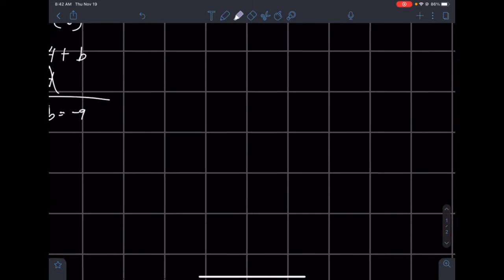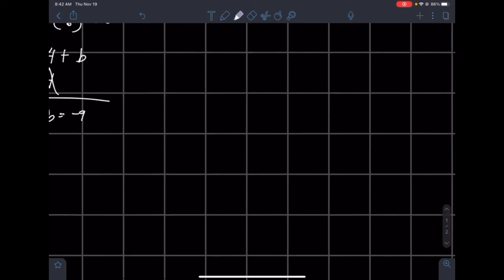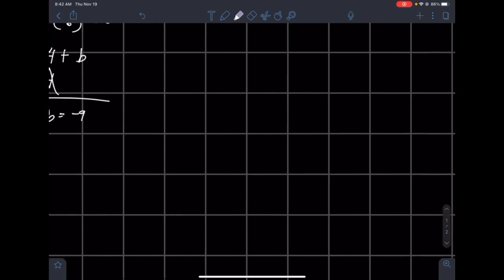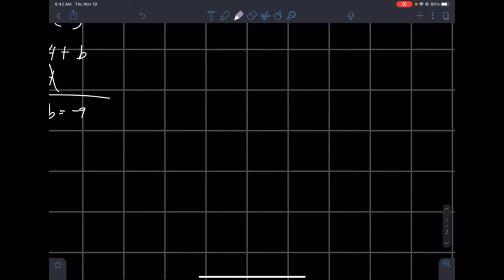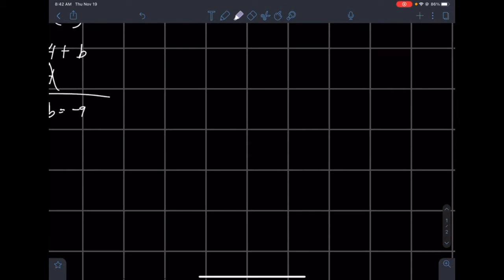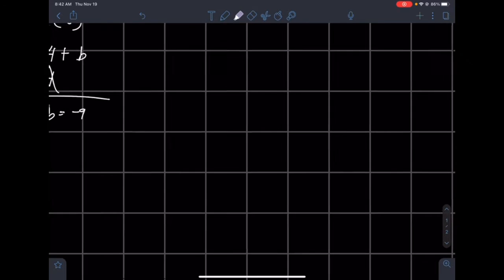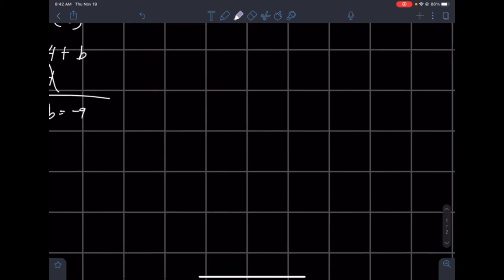So then we have to distribute. So it would be negative 2/3 x minus 2. So y minus 1. Let me just move this down real quick so it's not in the way.